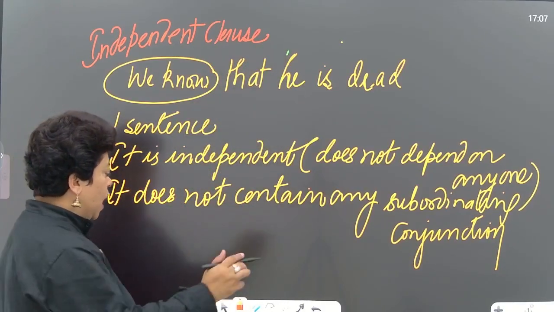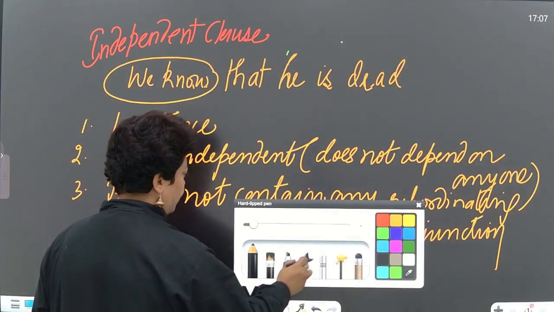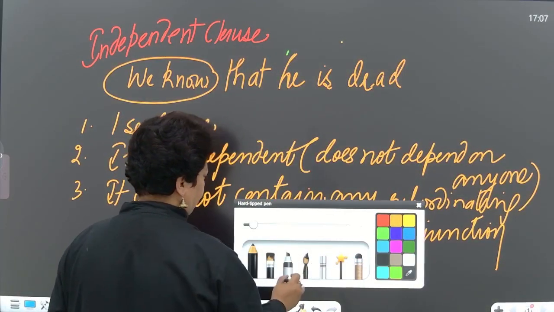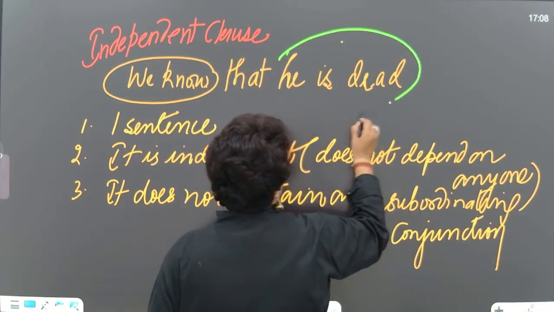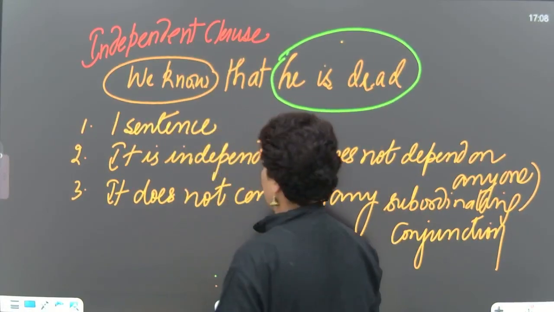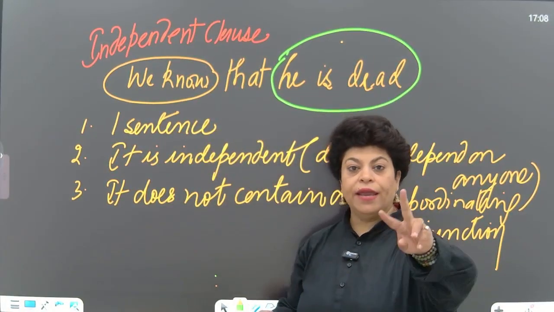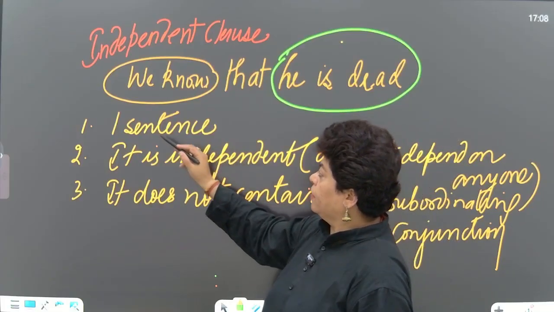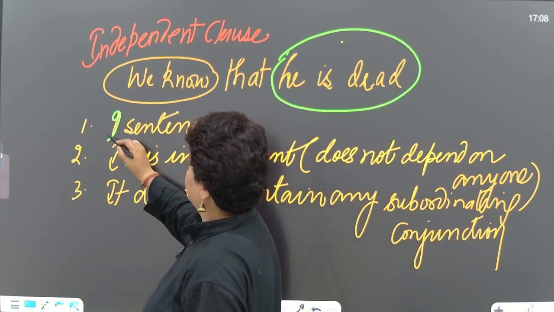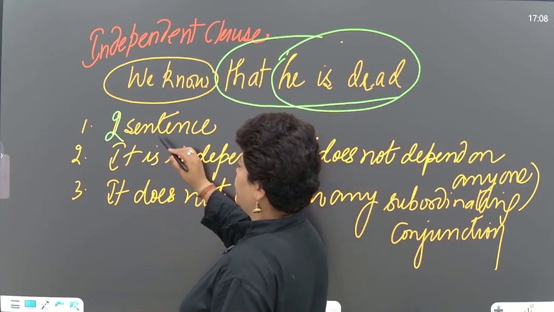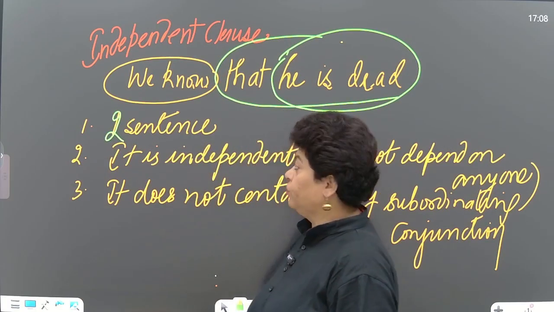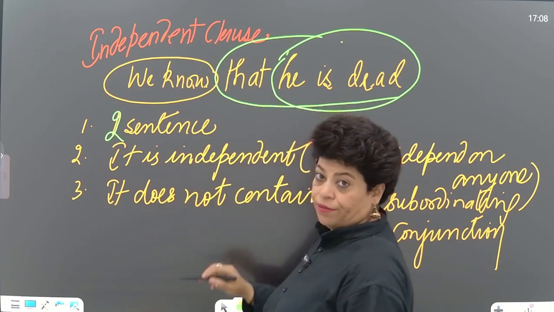Right? Now coming to the other part. Let's talk about that. If we talk about this, again I take, or we can take it that he is dead. Second sentence, that he is dead.